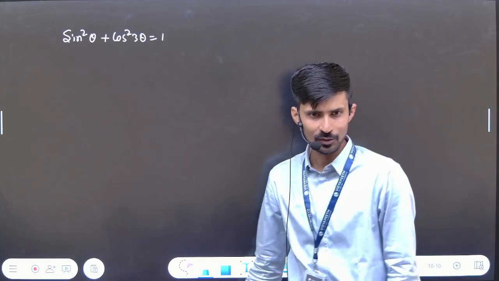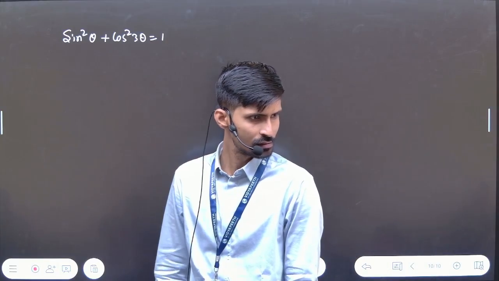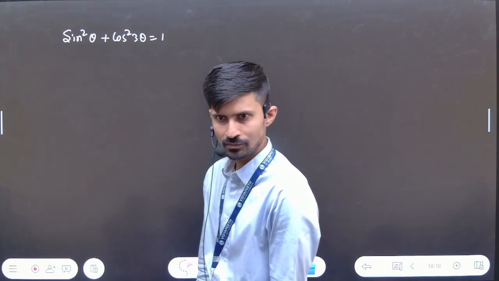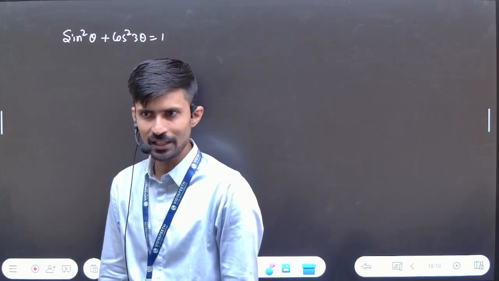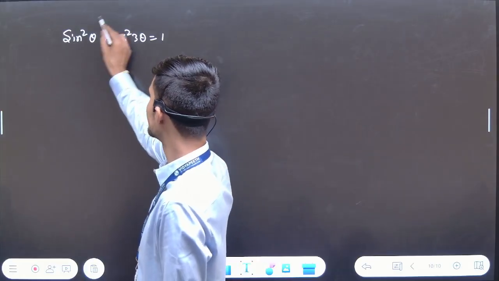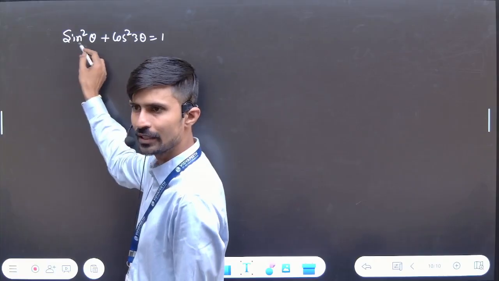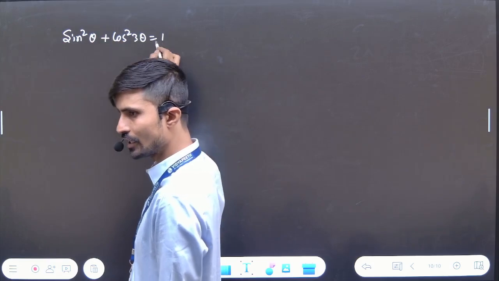Very good. First we have to change the name, yes or no? Then we'll think about the angle. So for changing the name, sin square theta you can simply write as 1 minus cos square theta. Both you can write. So this sin square theta you will take to that side.